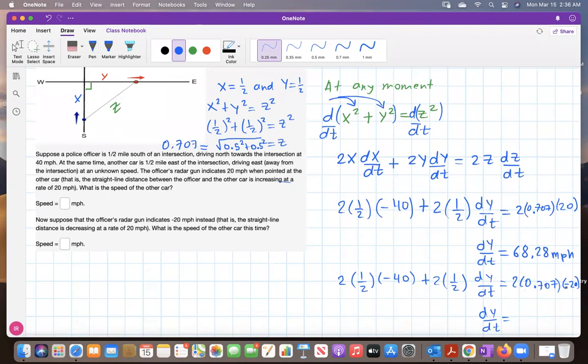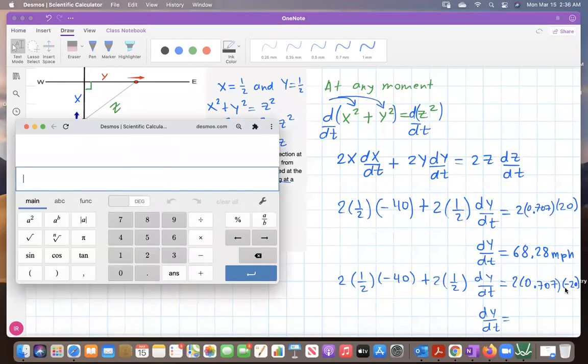Computing that first, which is going to be 2 times 0.707, right? I'm using the Desmos scientific calculator. It's OER, free for you to use, guys. Strongly recommend you to use it.